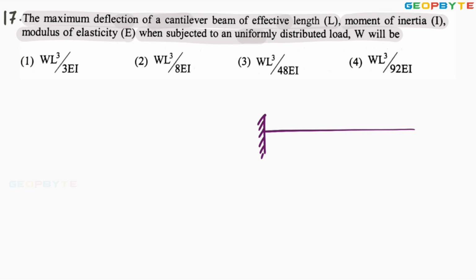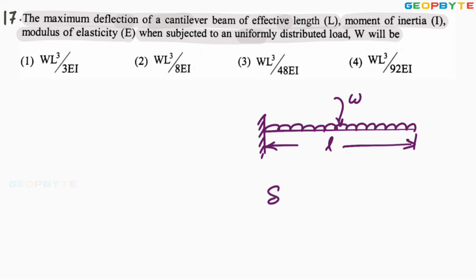Cantilever beam with load of uniform distribution. This is the W. The length of the beam is given L. Now the maximum deflection for this kind of beam is W L cube by 8EI.